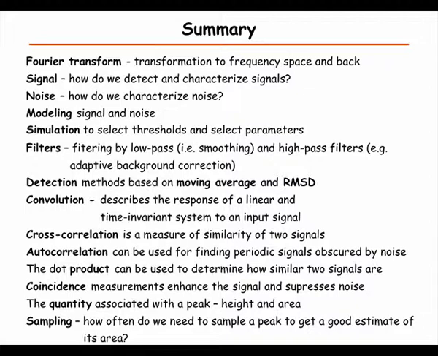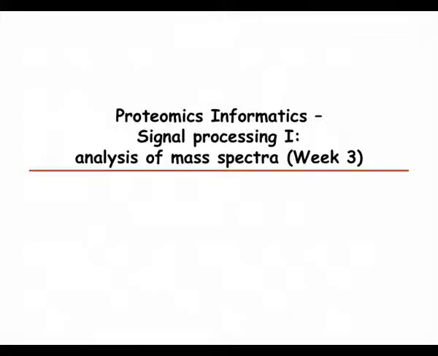How we can use the dot product to determine how similar two mass spectra are, and how we can use coincidence analysis of the data to enhance signal and suppress noise. And then finally, we talked a little bit about how to quantify peaks. And that's the end of today's lecture.